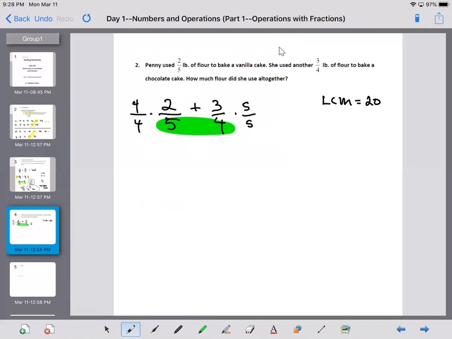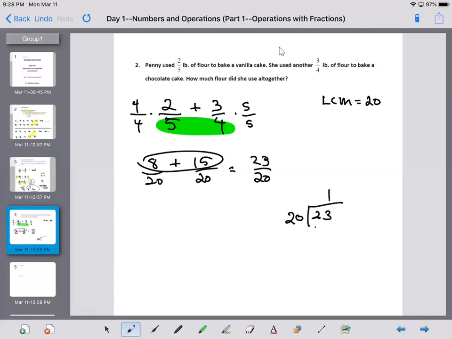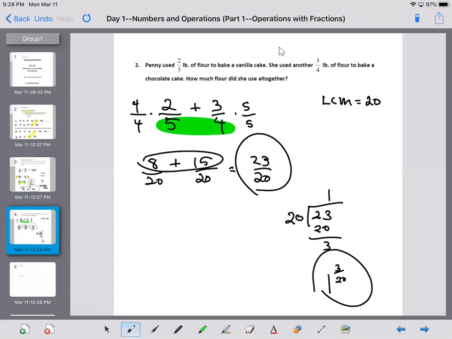So this would be 8/20 plus 15/20, which would be how many 20ths? Well, you add the numerators and you're going to get 23/20, or 1 and 3/20. And what this is to think about the units. This is pounds of flour.